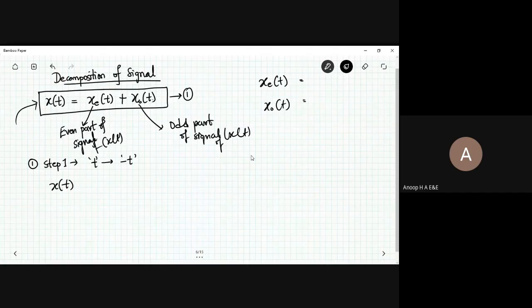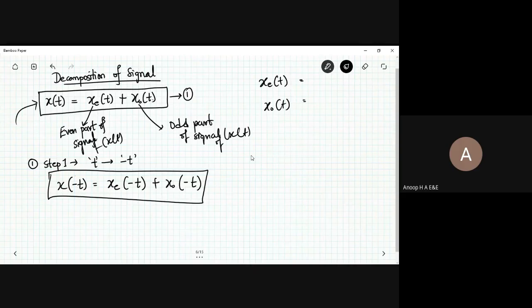So x of t, once you change it to x of minus t, what you get, let me write it again: x of minus t equals x even of minus t plus x odd of minus t. This is what you get by changing t to minus t. This is equation 2.